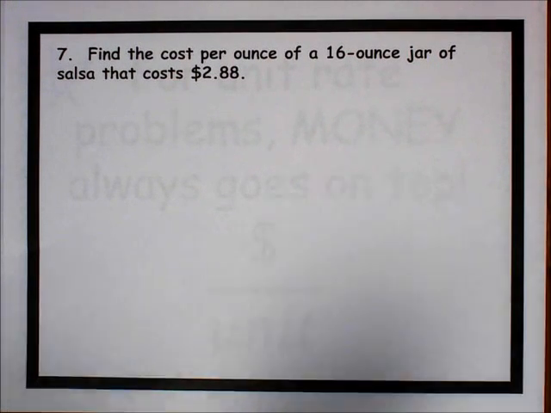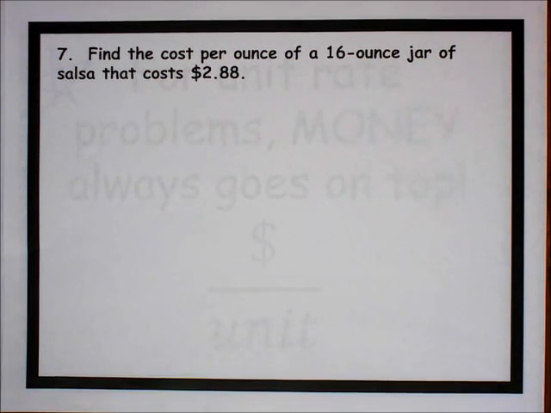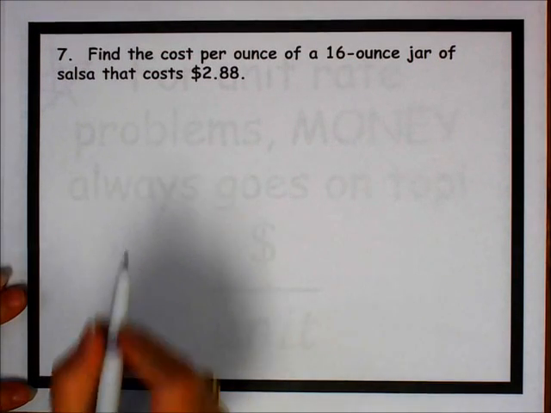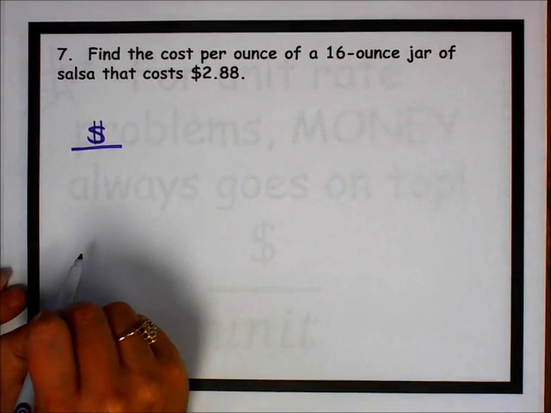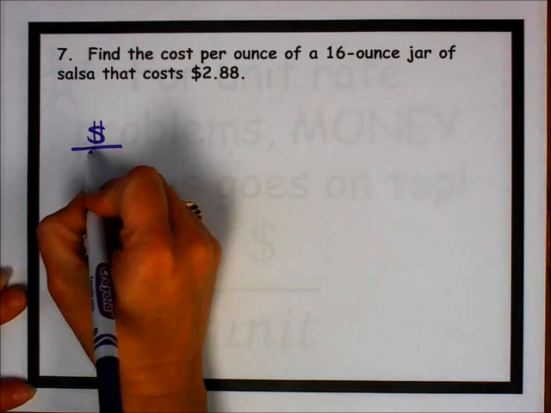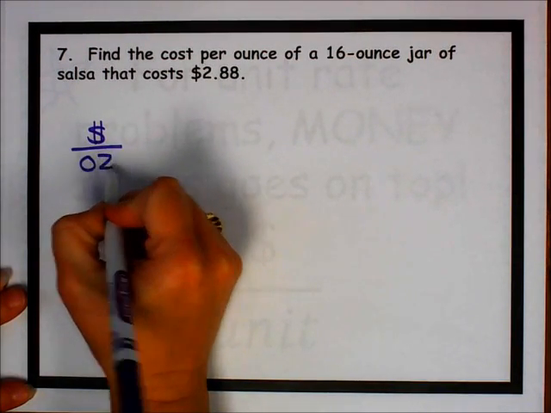Number 7. Number 7 says find the cost per ounce of a 16-ounce jar of salsa that costs $2.88. So remember that money goes on top. I'm comparing how much it cost to the number of ounces.